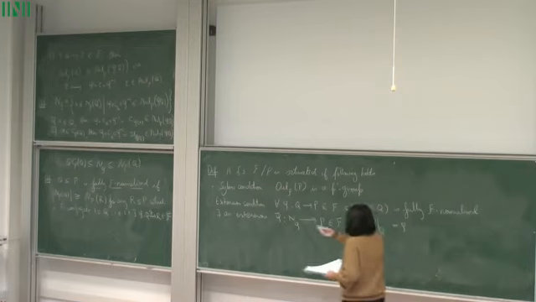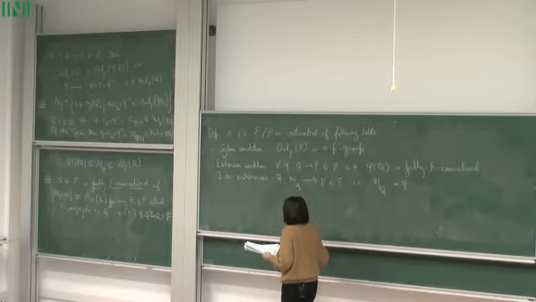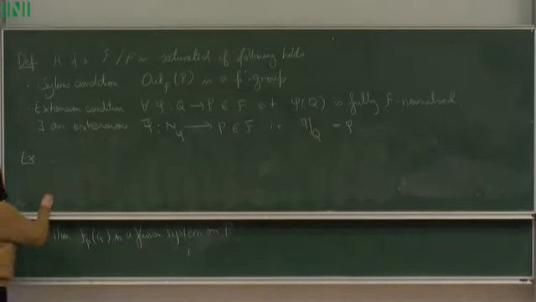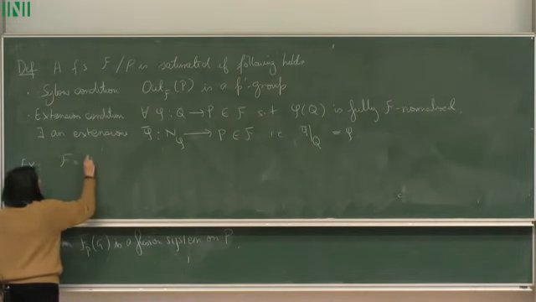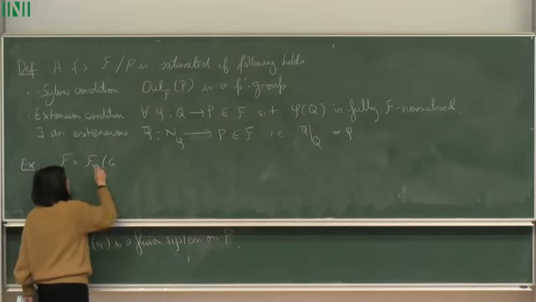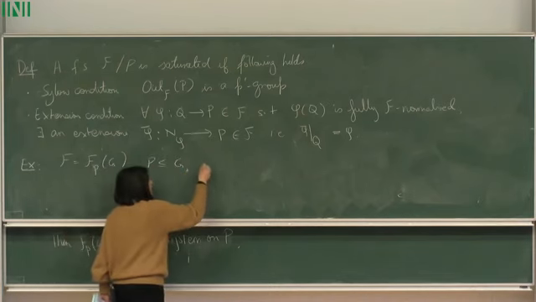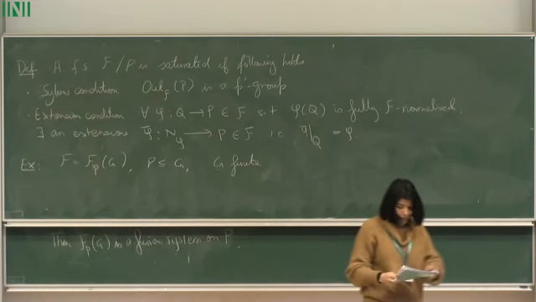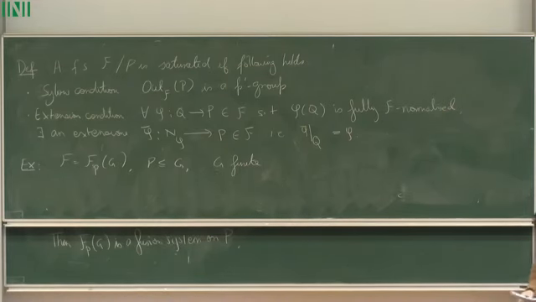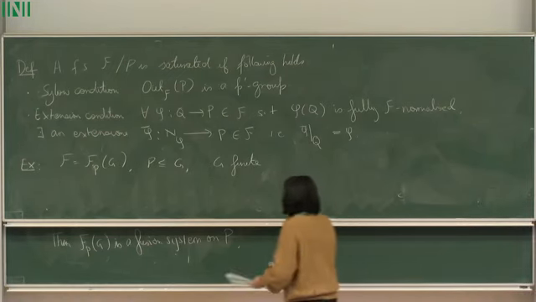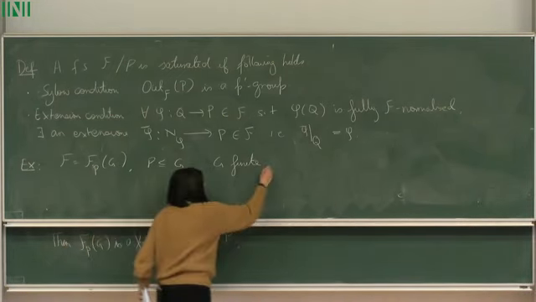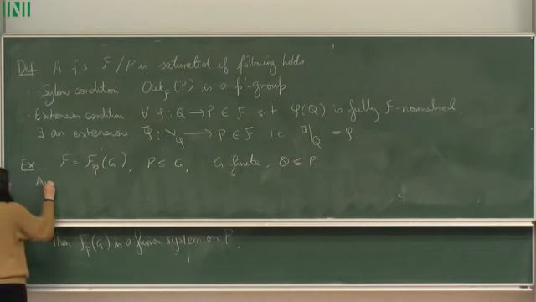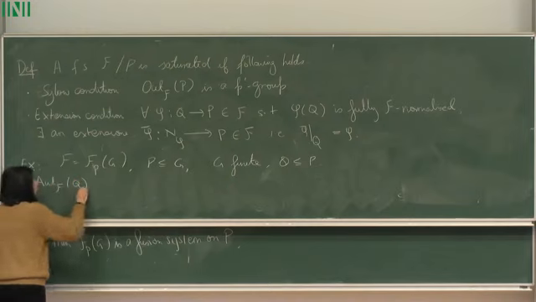Okay, so let's just see what all of these things mean in our example. So here F is F_P(G), P less than or equal to G, and I'll just make this example for G finite, to not make any more bloopers. So let's think about what these things are. Q is a subgroup of P. What is Aut_F(Q)?